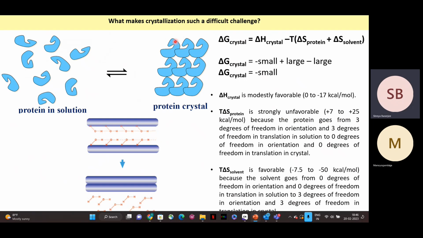So what makes crystallization such a difficult challenge? This is a basic schematic diagram showing proteins in solution and proteins in crystals, which are in an ordered periodic arrangement.